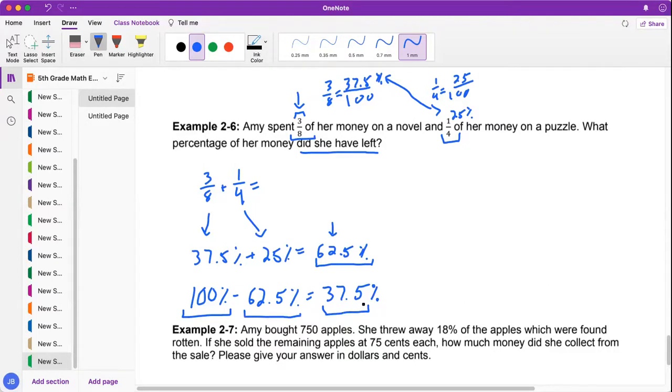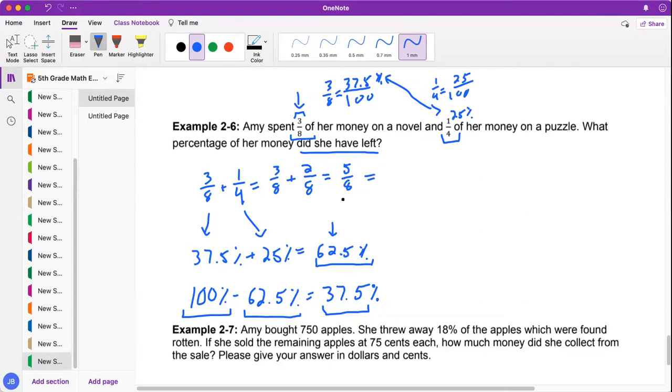The other way we could have done it was we can keep these as fractions, right? So if we did common denominators here, it would be 8. So we'd have 3/8, and then plus 1/4 is 2/8. And that would give us 5/8. And then to get this percentage, we can do two things, right?